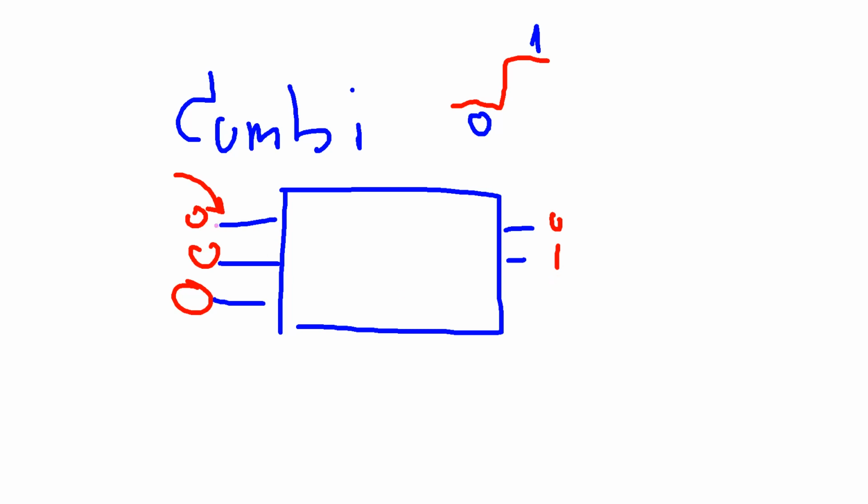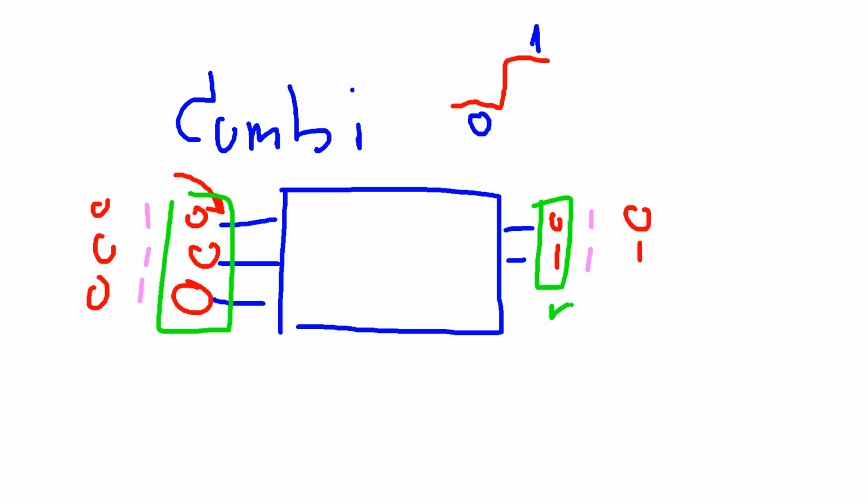If I apply input 1, 1, 1, the output may be 1, 1. And if I apply 0, 0, 0 again, the output must be 0, 1. Namely, if you apply the same input value, you will get the same output. This is the basic property of a combinational circuit: the same input will give the same output.